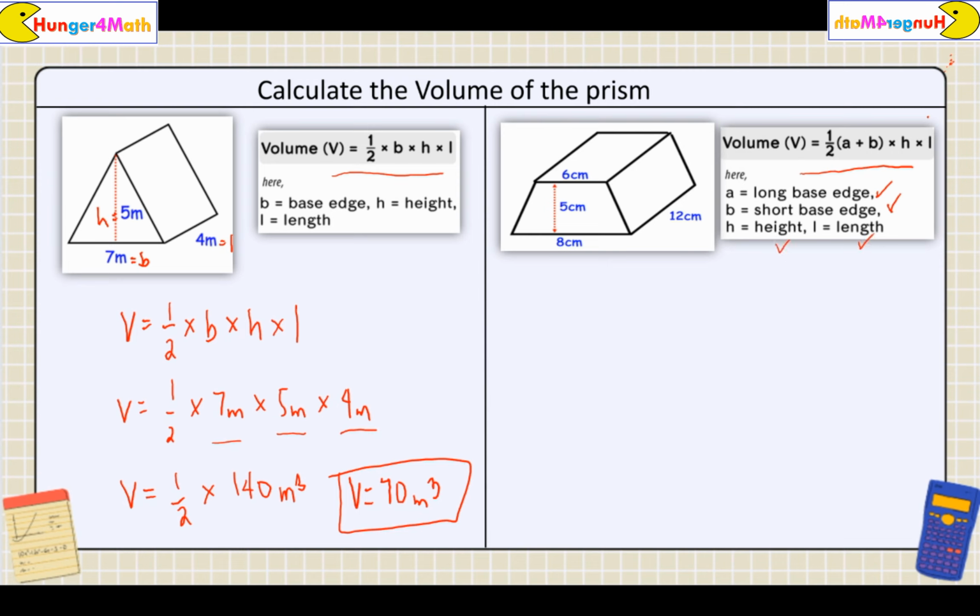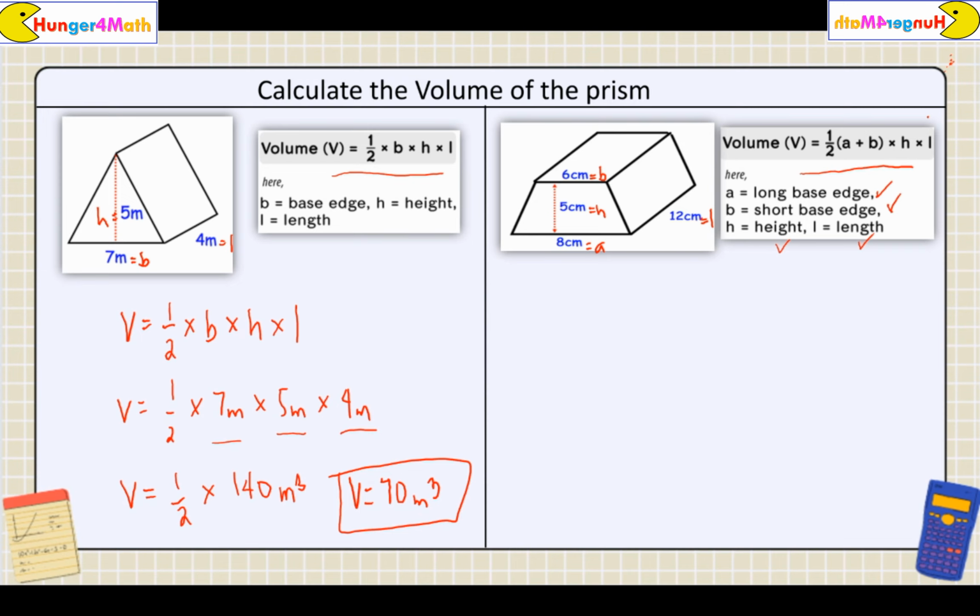Now let's label the given. So letter A is the long base edge, that will be the 8 centimeter, and the B is the short base edge, that will be the 6 centimeter, and the height is the perpendicular height, and that is the 5 centimeter, and the length is the 12 centimeter.